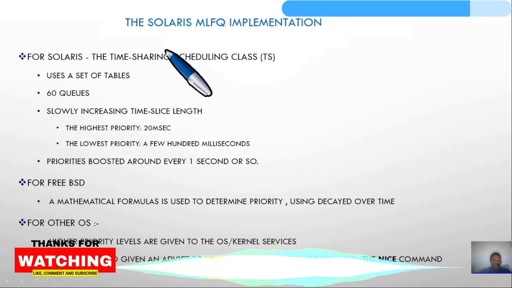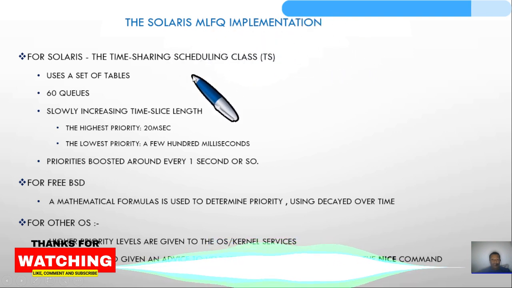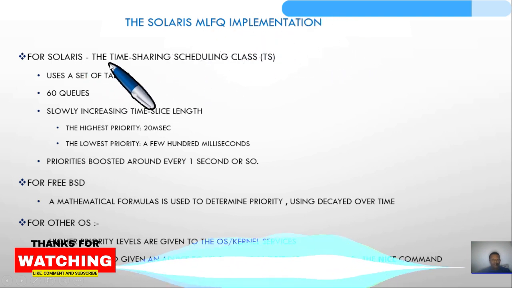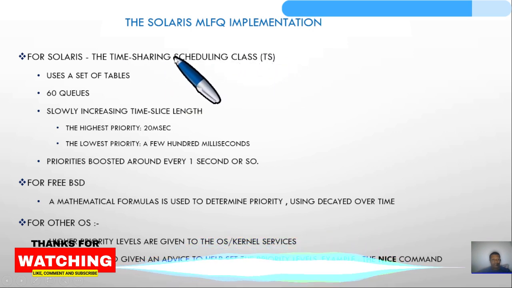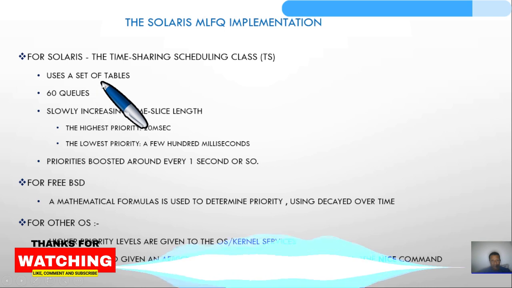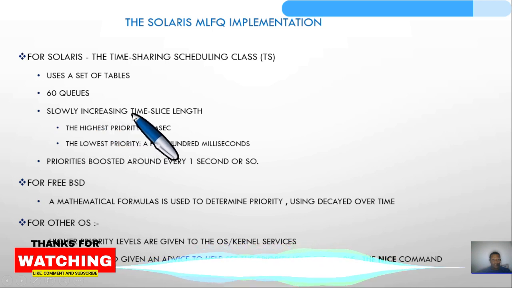To see a practical example, the Solaris MLFQ implementation. For Solaris, the time sharing scheduling class TS uses a set of tables, and it has 60 queues and slowly increasing time slice length.